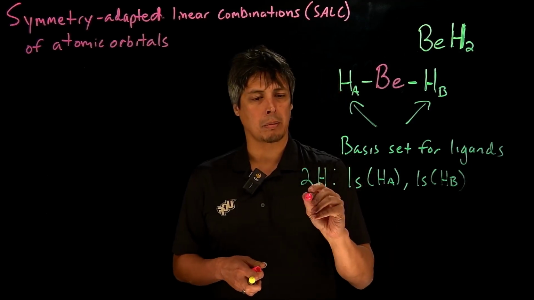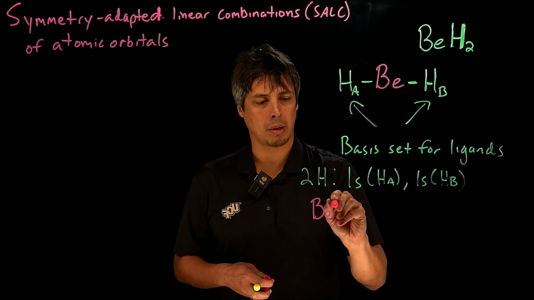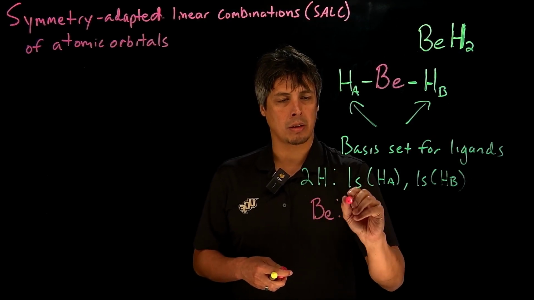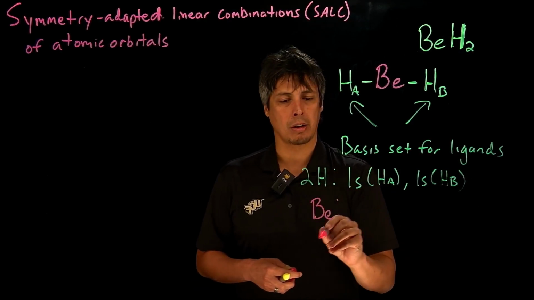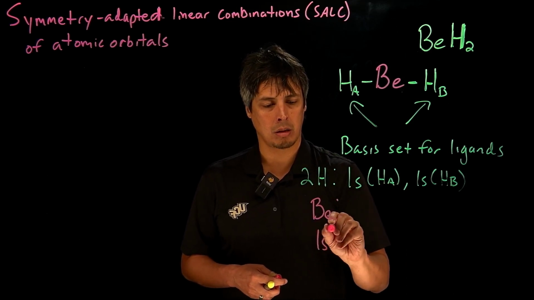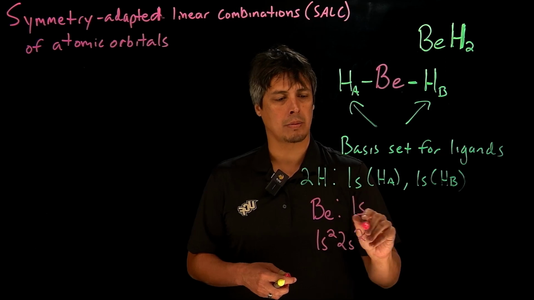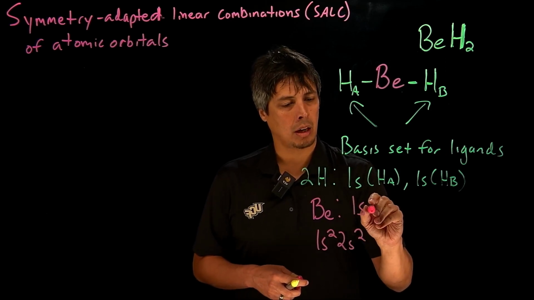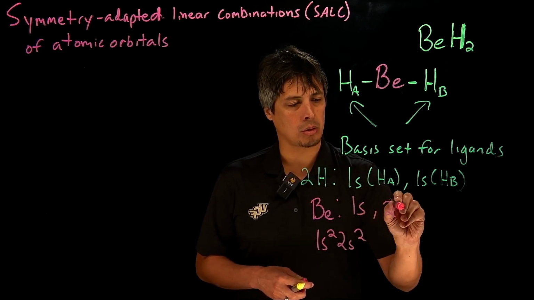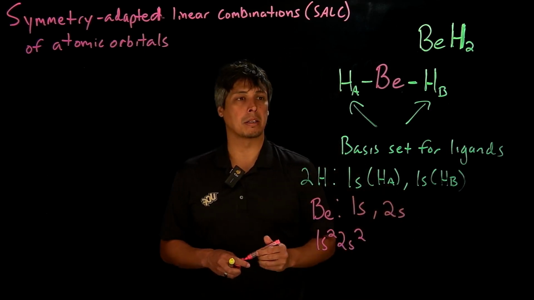And then if we're thinking about the beryllium basis set, this beryllium has an electron configuration of 1s2 2s2, so we would look at the 1s orbital for beryllium, and then also the 2s orbital within our basis set.